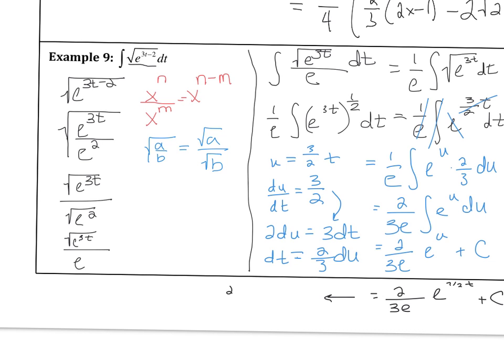You could say that this is 2/3 times e to the 3/2 t over e. And then, oh hey, dividing like bases, let's just subtract their exponents. So you would ultimately get 2/3 e to the 3/2 t minus 1, and then we can't forget our plus c.